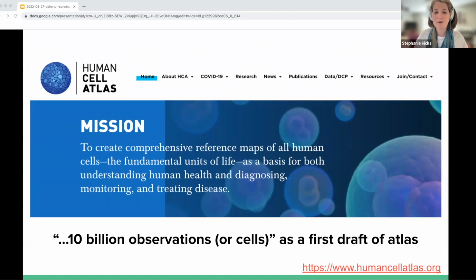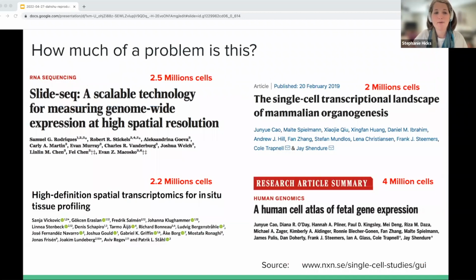So let's explore current sizes of data sets. I picked out 4 papers from 2019 and 2020, and I've presented the titles of those papers. They're very high profile papers in the world of single cell. I'm showing in red the number of observations or cells that were sequenced as part of each study, which you can use for your own analysis if you're curious.